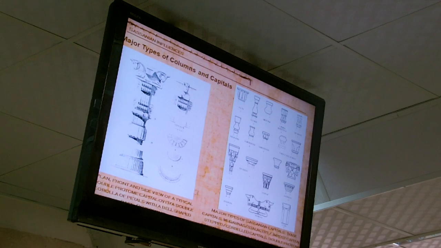Here we have on the left the double protome capital with the inverted capital base. On the right we have different forms of capitals, like base capitals on top, and corner or stalactite ones, like these ones.